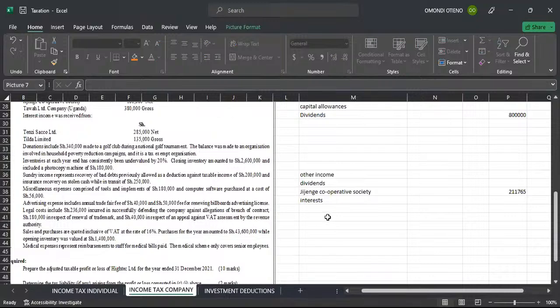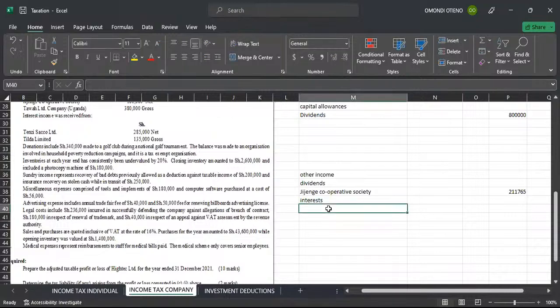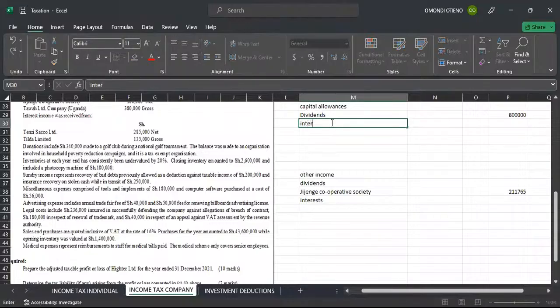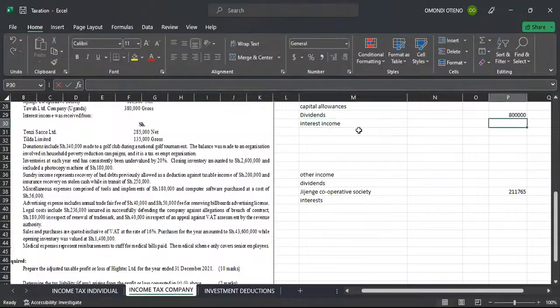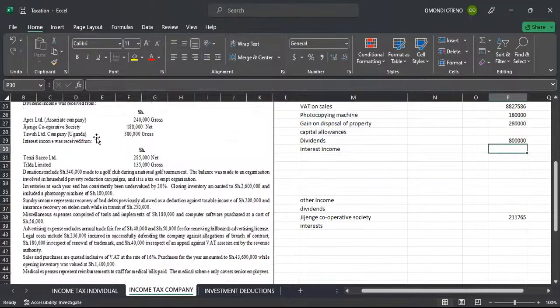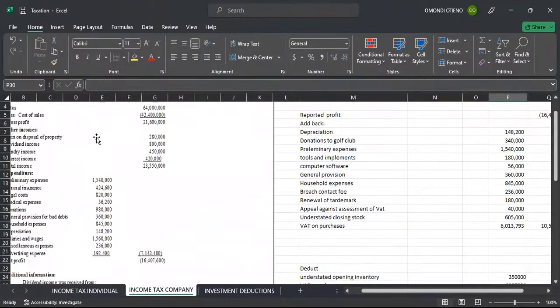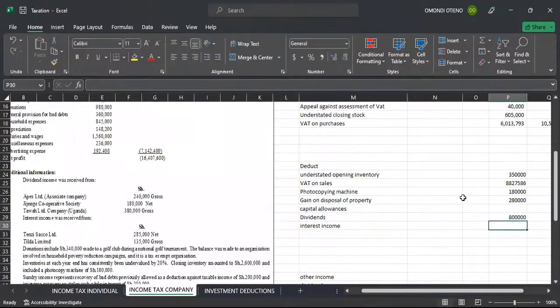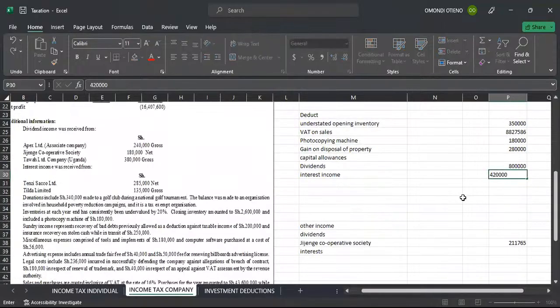This one here is given at gross. So we just add back that gross value because we subtracted it up there. Interest income, tunatoa zote, we subtract all of it, and then we add back what is supposed to be added. So the interest income given to us, the total value is 420,000.